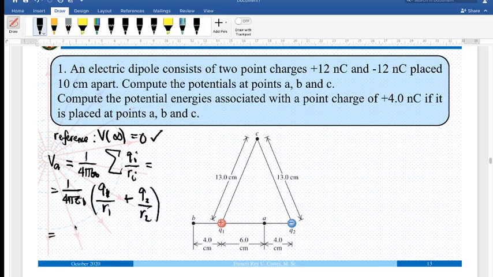So we have 1 over 4 pi epsilon sub naught, then your Q1 is the 12 nanocoulomb, or 12 times 10 to the negative 9 coulomb, divided by the distance. The distance from A to Q1 is 6 centimeters, or in meters, 0.06 meter.